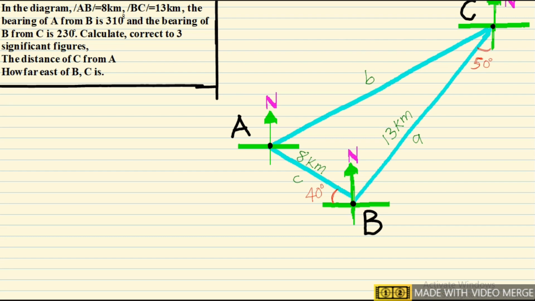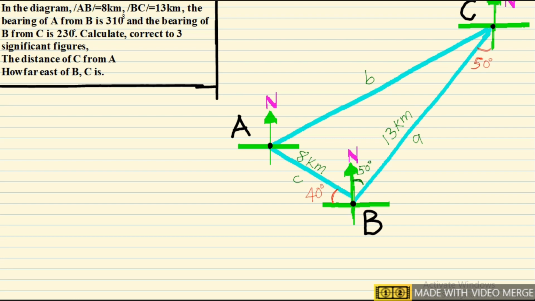So if you observe, in this shape we have an angle. Let's see the angles of that triangle. Using alternate angles, we have 50 up here. The 50 up here is alternate to this other angle here, and so we can write 50 degrees here.